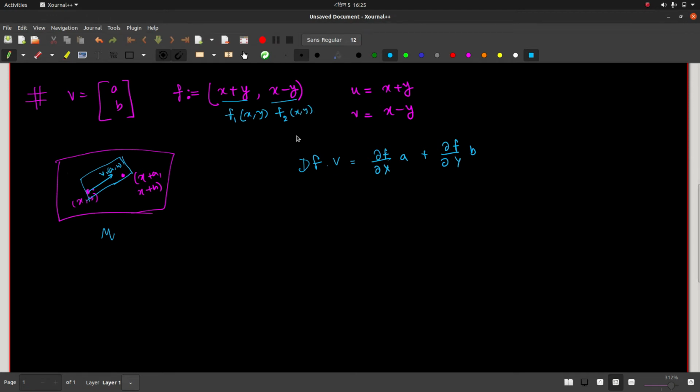So you have to consider the changes that are coming from f1 and f2. So let's call this f1, and let's call the other one f2.